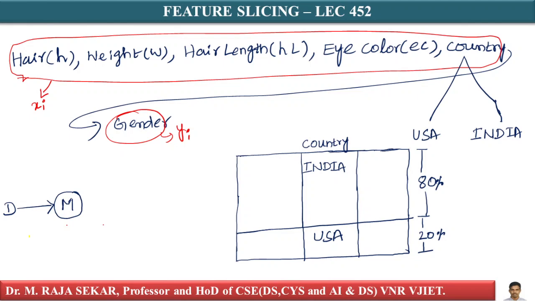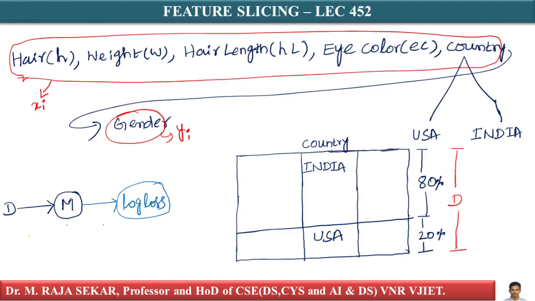Let's assume we are trying to minimize average log loss. Whether you make a mistake for somebody belonging to India or somebody belonging to USA, the mistake is equally weighted, because it is as simple as average log loss.